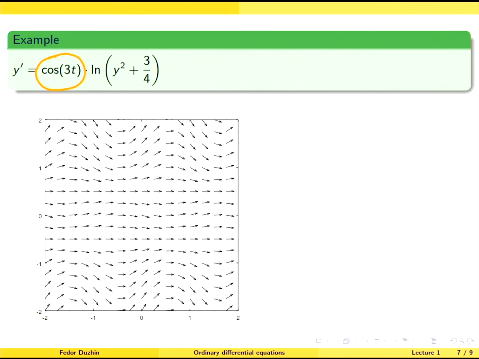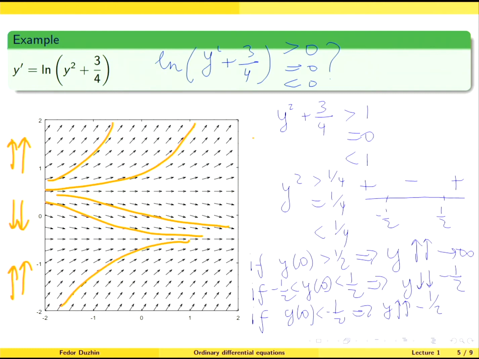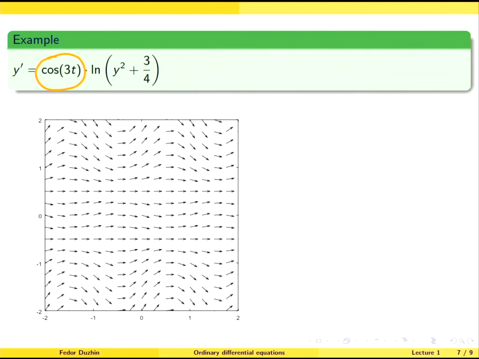Two slides ago it was supposed to be decreasing, but now as t is increasing, sometimes cosine is positive, sometimes negative, so it's not going to simply decrease anymore, but rather decrease or increase, which is what we see here. So it's kind of oscillating behavior.